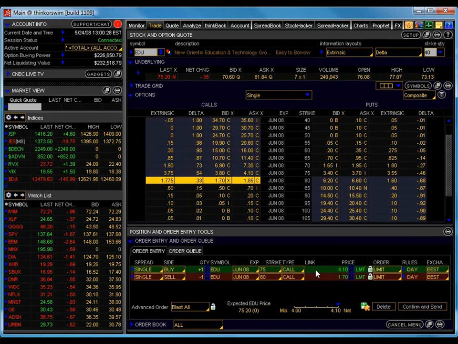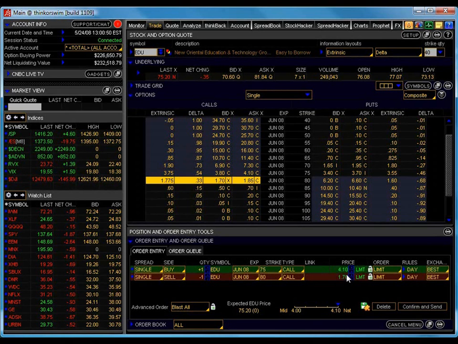So you can see that the advantage of vertical call spreads is that we protect our long call with the sale of another call above the strike price, and that helps to bring in a little bit of premium, because we're paying $4.10 for this.